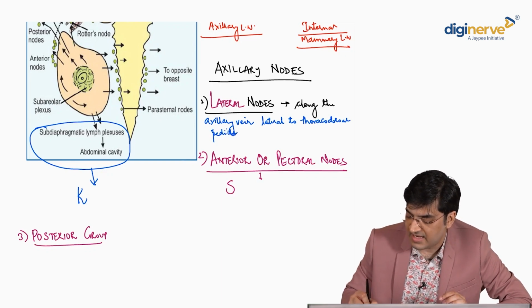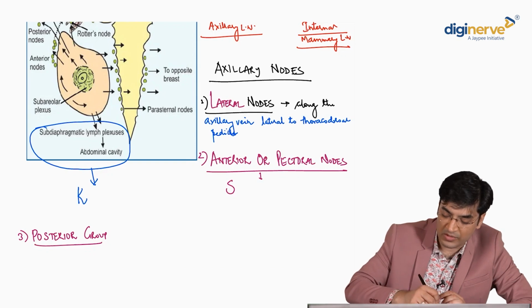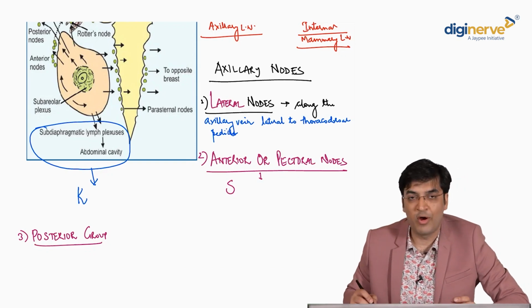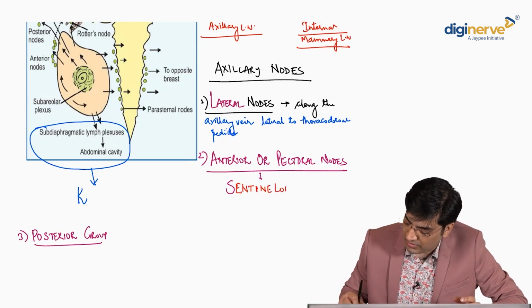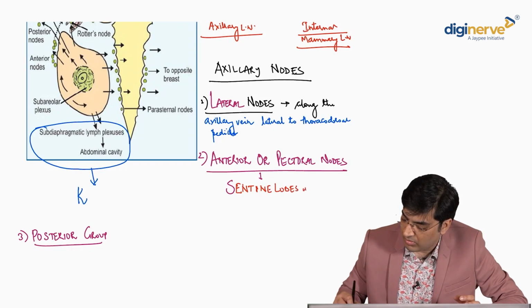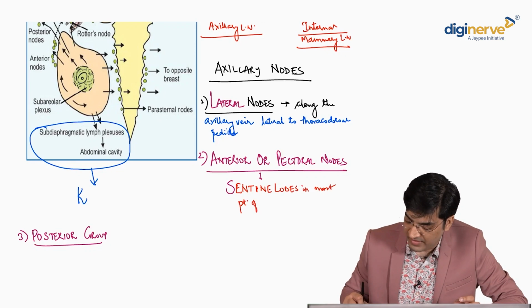Next, after the lateral nodes, is the anterior or pectoral nodes. A very, very important point is that they are the sentinel nodes in most patients of breast cancer.